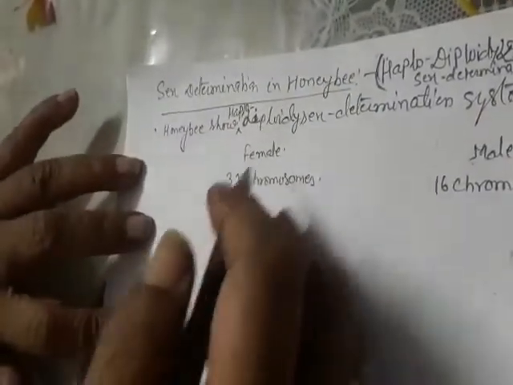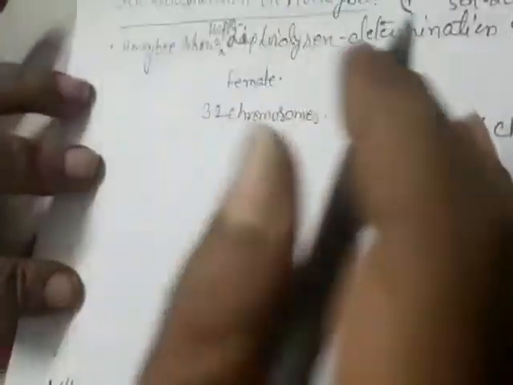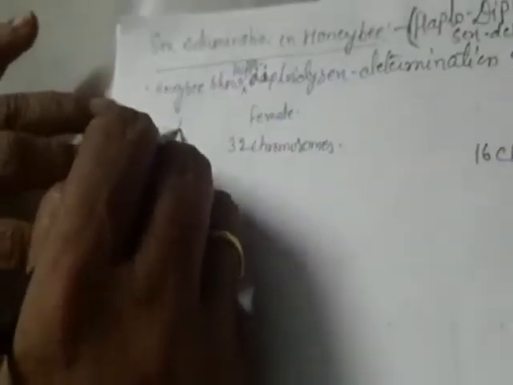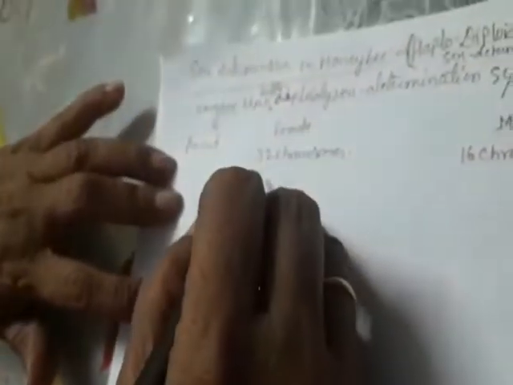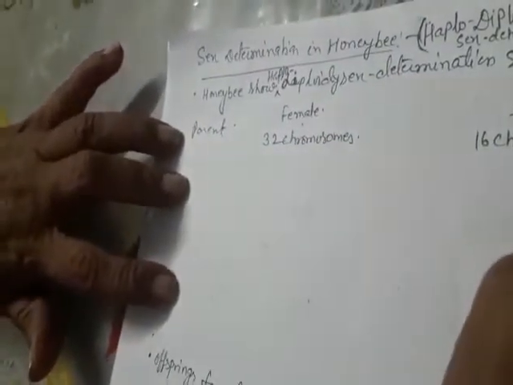Honeybee shows haplodiploid sex determination system. Female, male, parent. Female contains 32 chromosomes. Female is diploid. Male contains 16 chromosomes. Male is haploid.